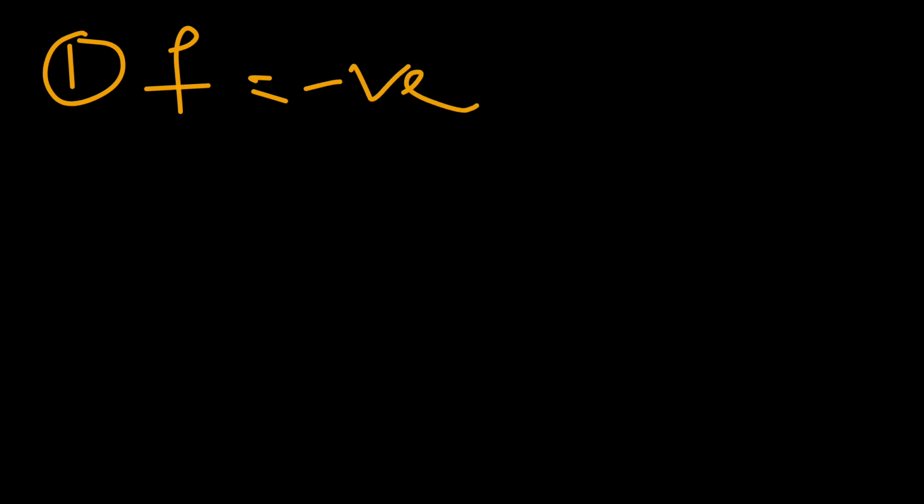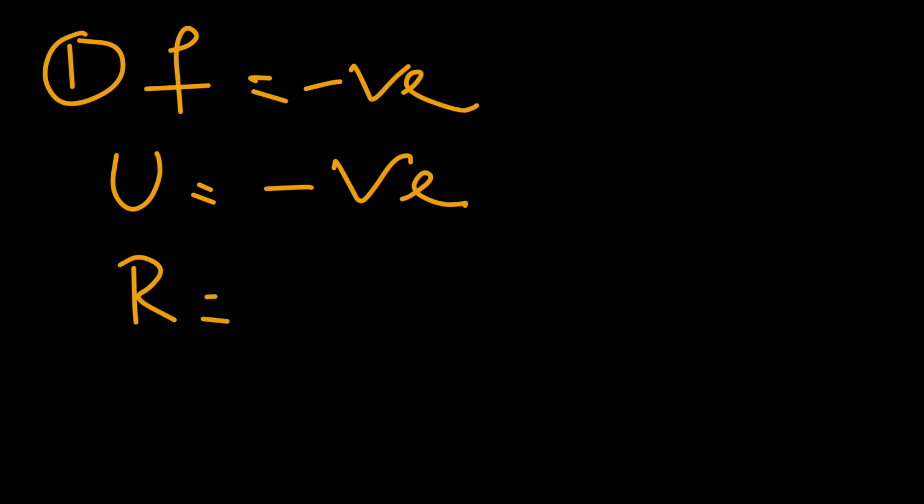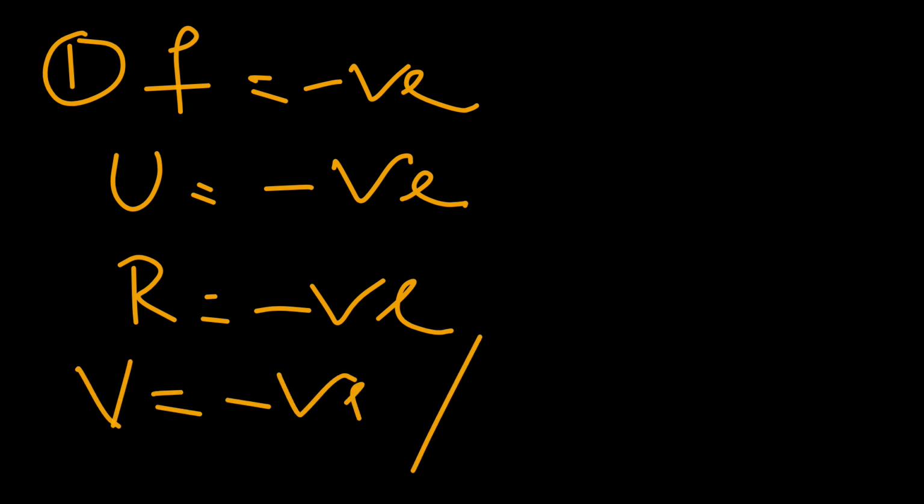Let me show you one by one in detail. F is nothing but focal length. Focal length is negative. u is nothing but object distance, and it is negative. And what about R? R is nothing but radius of curvature, and it is negative. v is negative for 5 situations, and only in one situation is it positive.